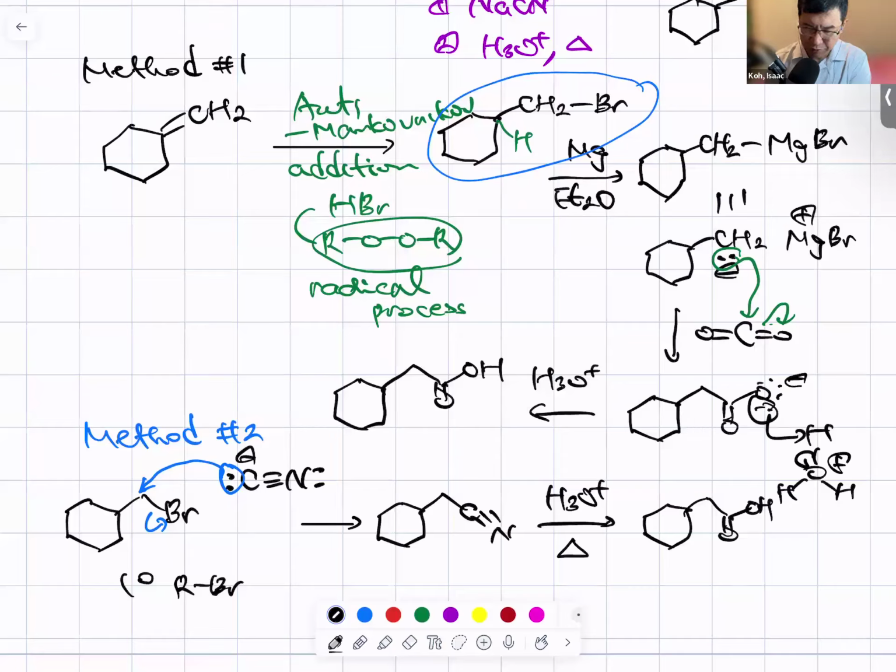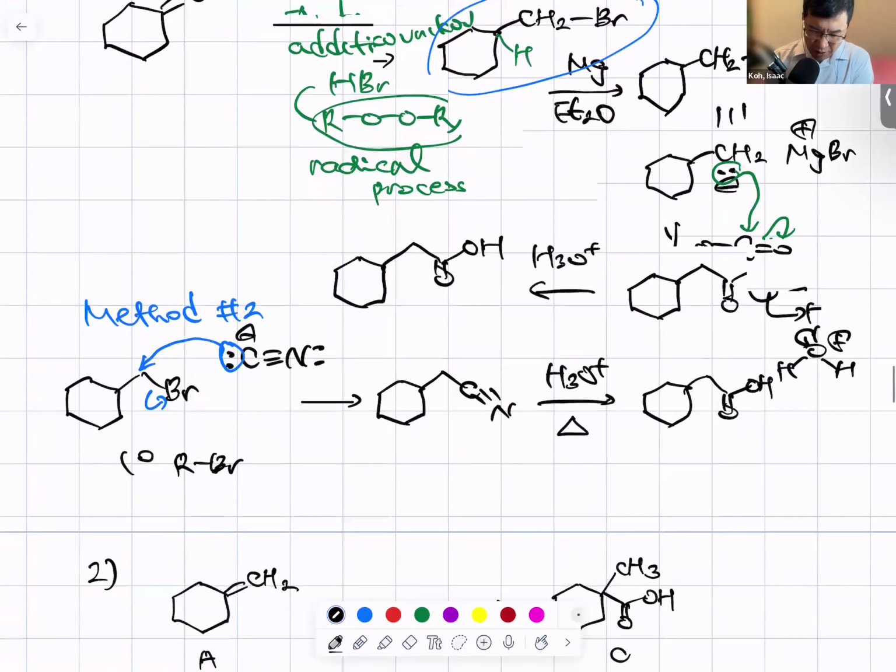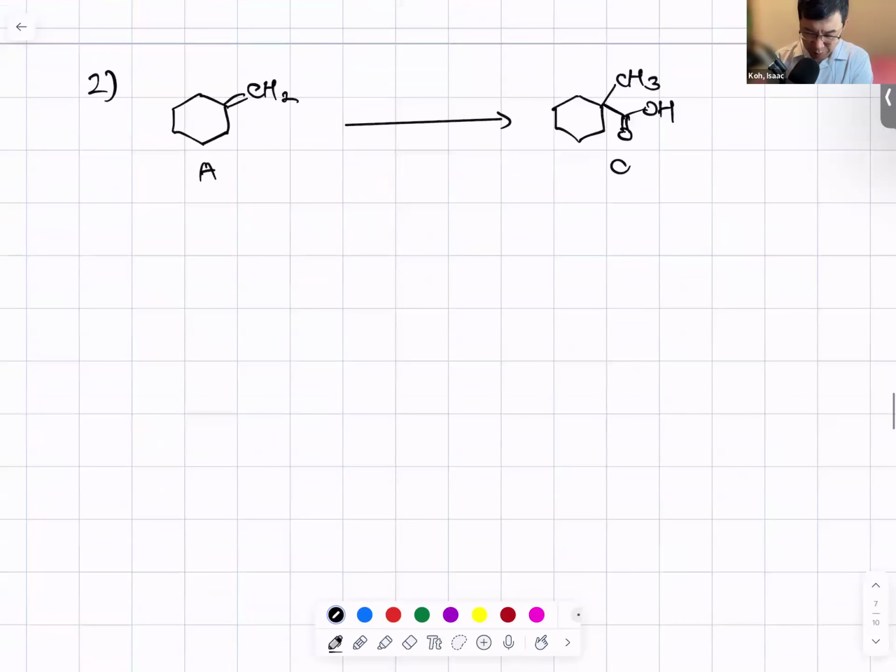So we have these two different methods, right? Now let's move up to this part. Now we have the same substrate, but the product is not a terminal carboxylic acid. It is there, right there.